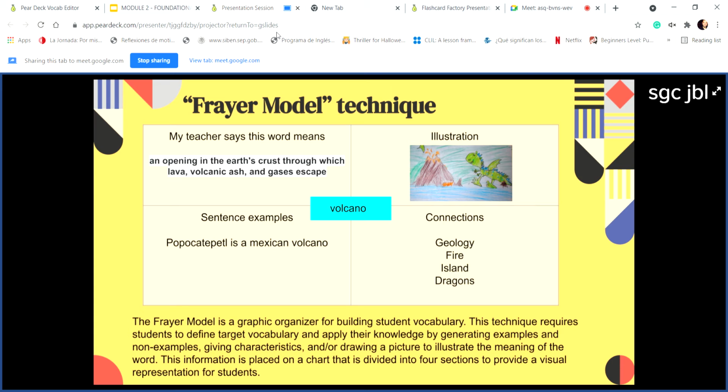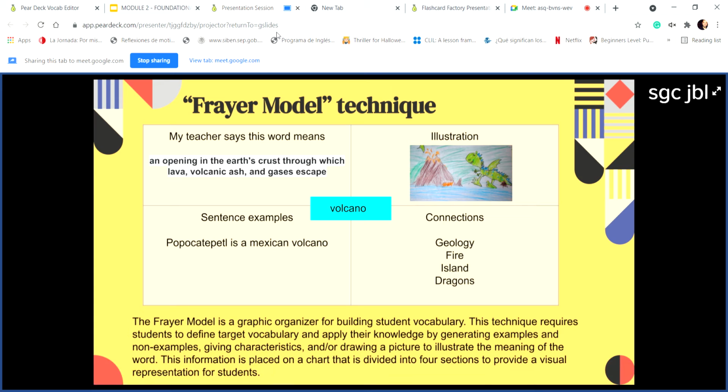Lexicon is all the skills, all the information that you can use related to specific words in a language. Okay, so it's different. This technique requires students to define target vocabulary and apply their knowledge by generating examples and non-examples. By non-examples, we can talk about drawings or synonyms or antonyms. We're going to check a variety of those.